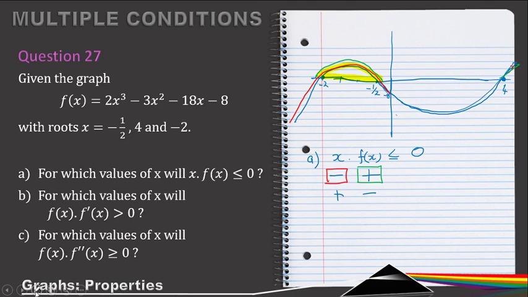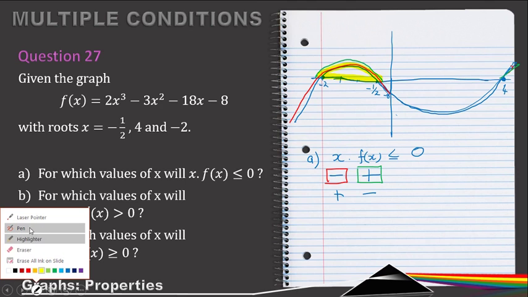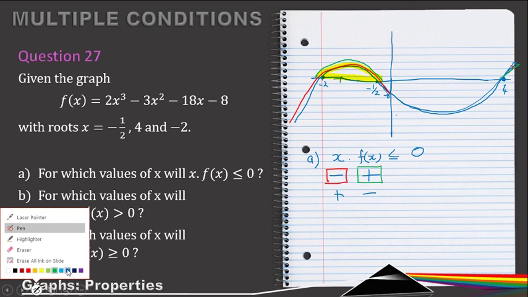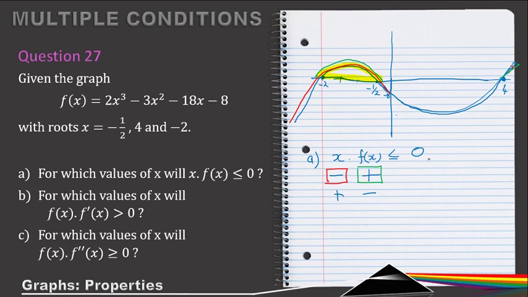If I put that in algebra, notice that this says less than or equal to, so it's going to include these two values. So it will be where -2 is less than or equal to x, and x is less than or equal to -1/2.